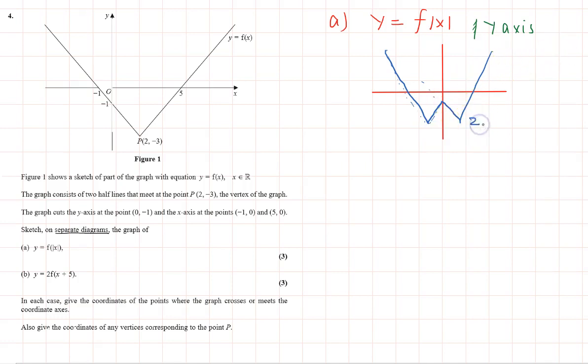This point is 2 and minus 3, so this point will be minus 2 and 3. This is 5 and 0, so this is minus 5 and 0. So this is the graph, and this will remain, this point is 0 and minus 1. So this is how we draw the graph.